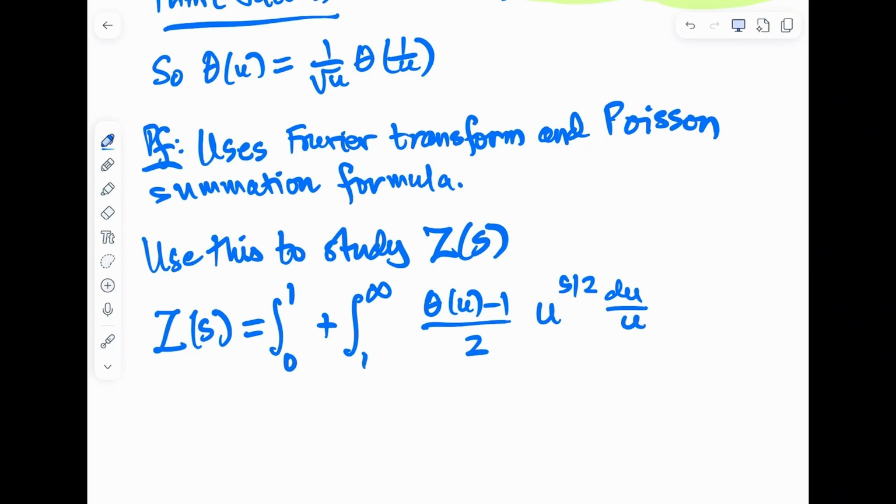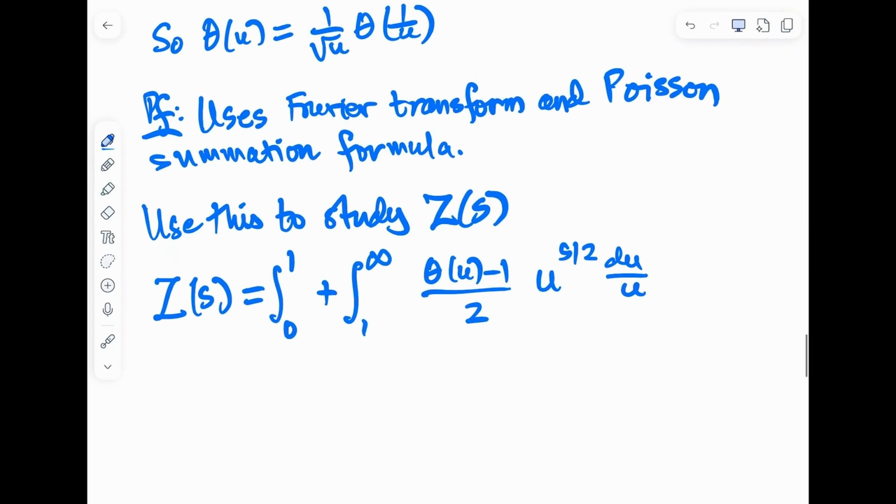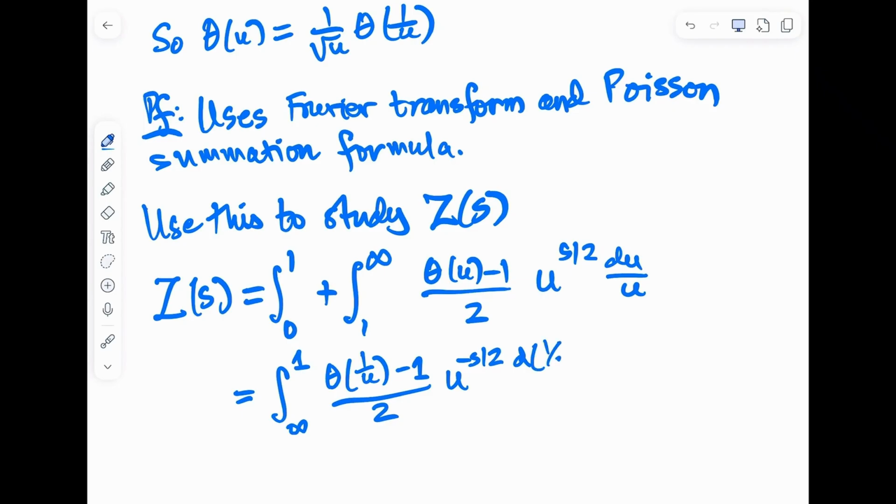And so what I'm going to do now is turn the integral from 0 to 1. I'm going to replace u with 1 over u, so 0 goes to infinity, 1 is fixed. Now I'll write it more properly. I'll write everything in terms of 1 over u, d of 1 over u over 1 over u, and then I go from 1 to infinity. Okay.